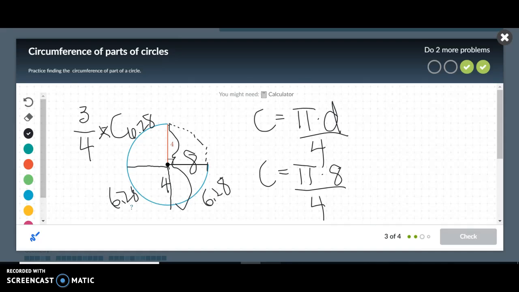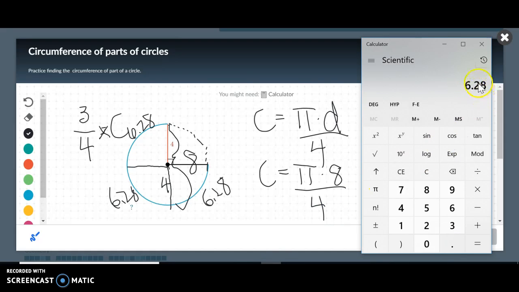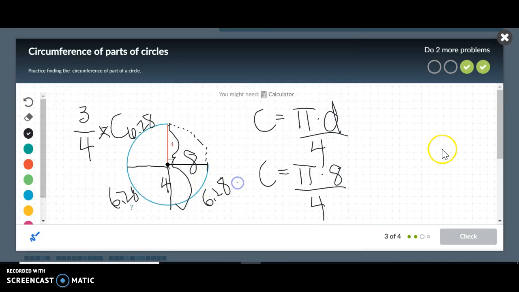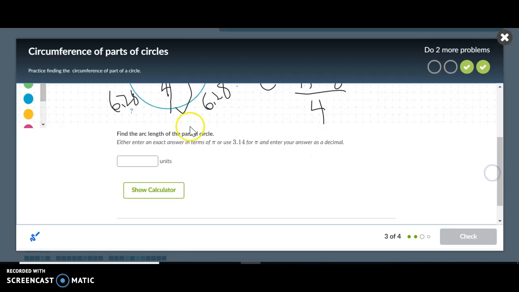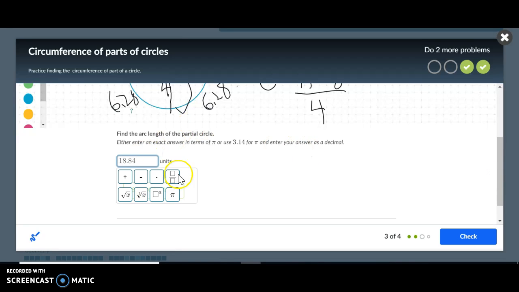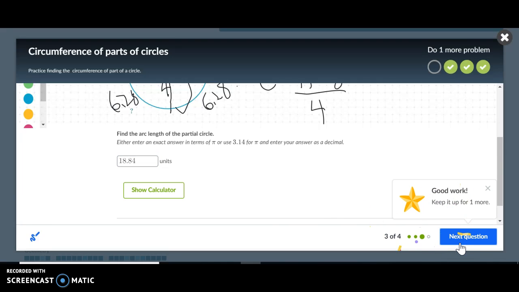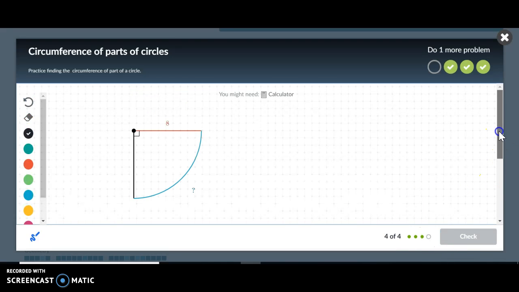So if we take our calculator again and we take our measurement for one of those arcs and multiply it times 3, it'll give us 18.84, which is the measurement of 3/4 of the total circumference. Let's plug that into Khan Academy and see what we get. 18.84. And bingo.